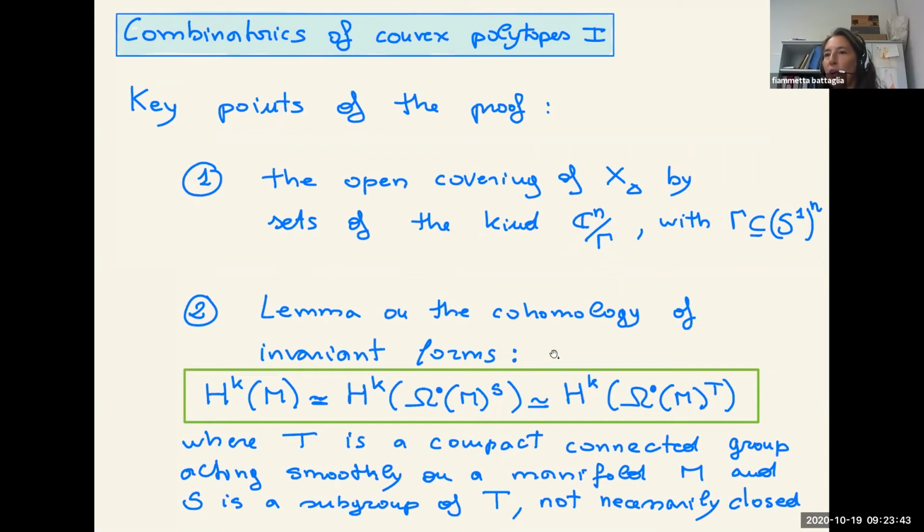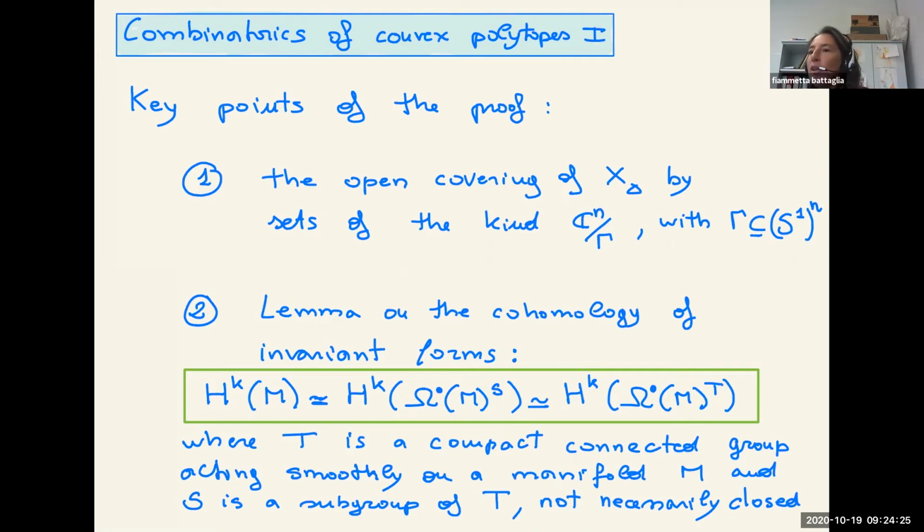And also we use a lemma that is very useful in this situation, and which is the following. If we have a compact connected group that acts smoothly on a manifold M, and we consider any subgroup of this compact connected group, then if we study the cohomology of invariant forms, we have that the cohomology of the manifold and the cohomology of T invariant forms are the same, and the cohomology of S invariant forms gets squeezed in between and is actually equal.